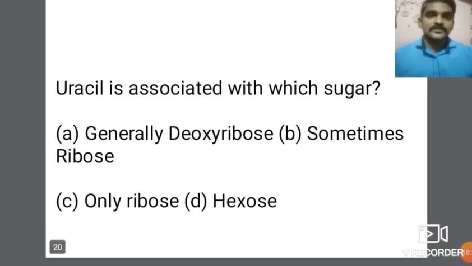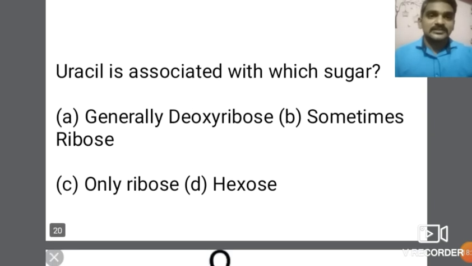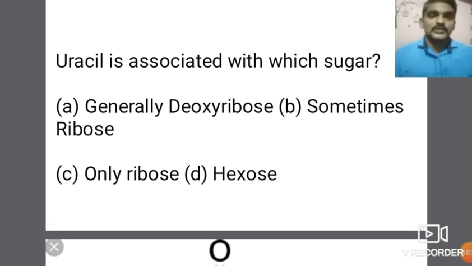So the next question, uracil is associated with which sugar? You can easily guess the answer here. Deoxyribose, sometimes ribose, only ribose, hexose. Where can you find uracil? Only in RNA. So RNA consists of which sugar? Deoxyribose or ribose? It has only ribose sugar.